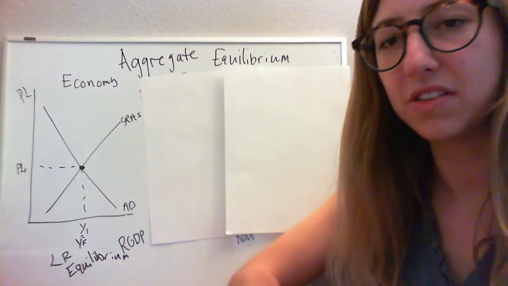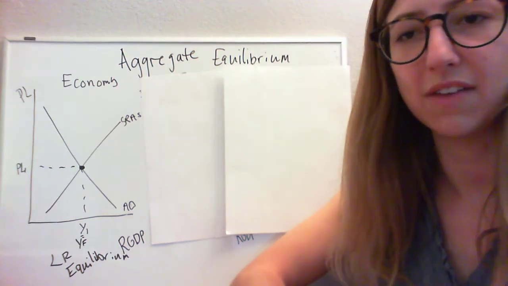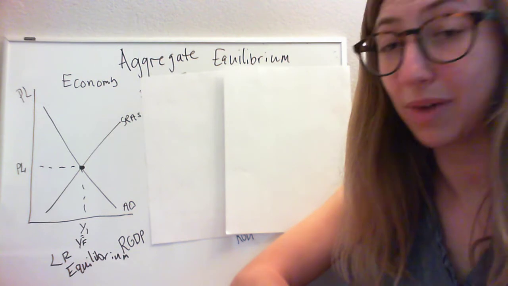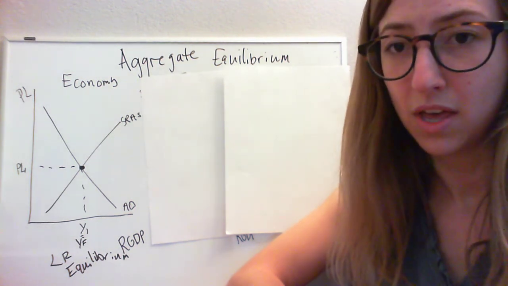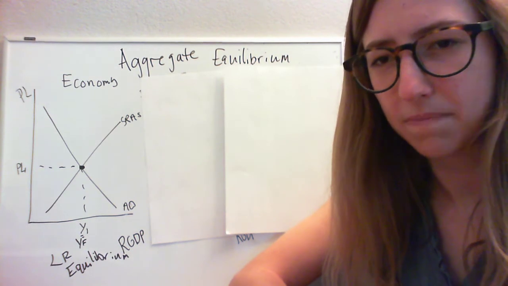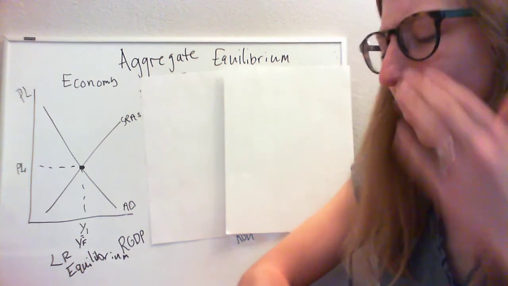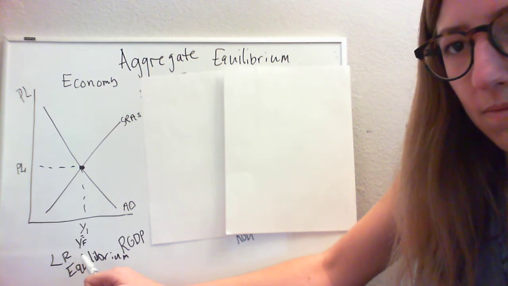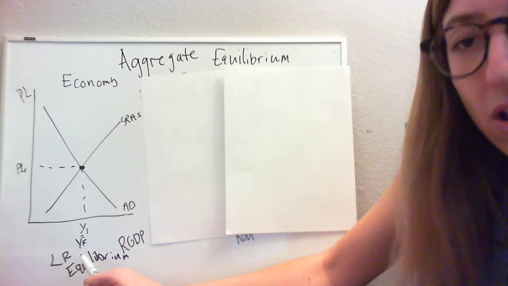That means all the adjustments have happened, wages have adjusted for inflation, real profits are back to normal, real wages are back to normal, everything's back to normal. If you're rusty on that, go watch the first aggregate supply video again. So if YF is here, what else is also here? Yeah, long-run aggregate supply.